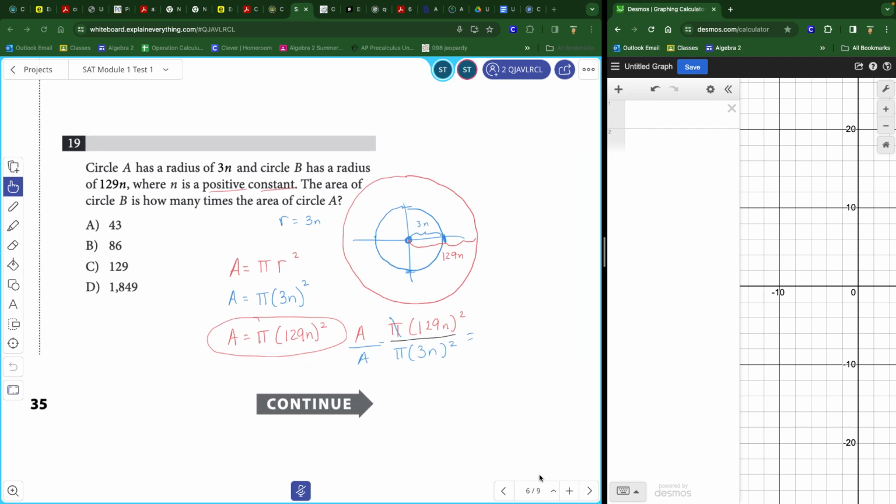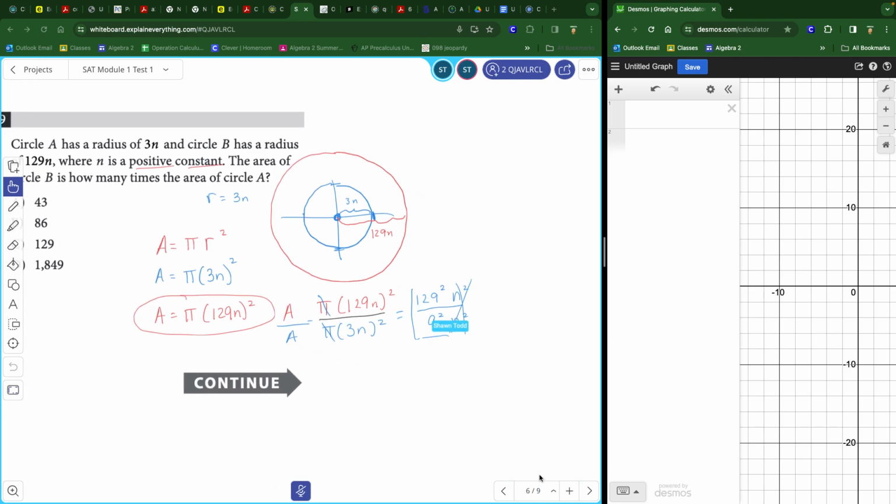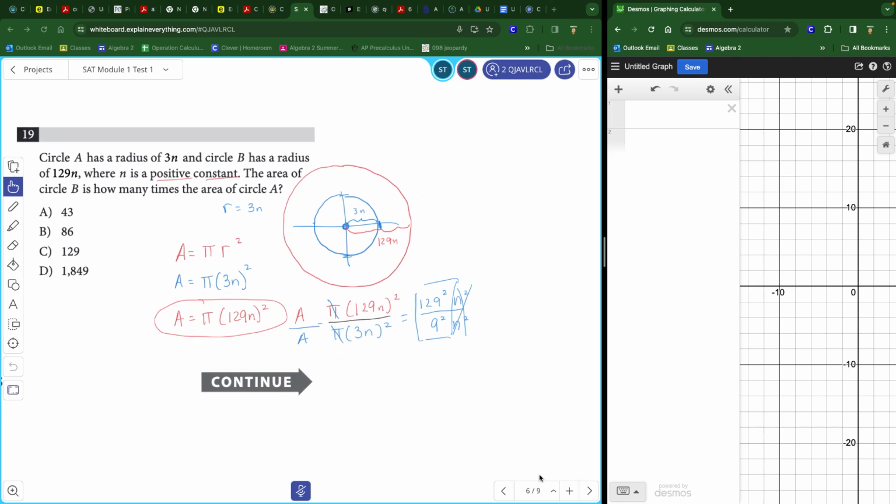So I start to simplify this fraction. I can see the pi's disappear because pi over pi is 1. So this is 129 squared n squared. I have to square both. And the denominator is 9 squared n squared. So the n's are going to drop away. They don't matter. We just got to figure out what this ratio is here.